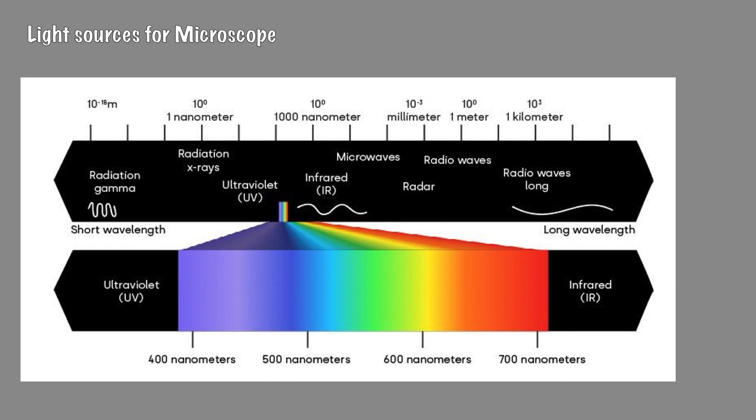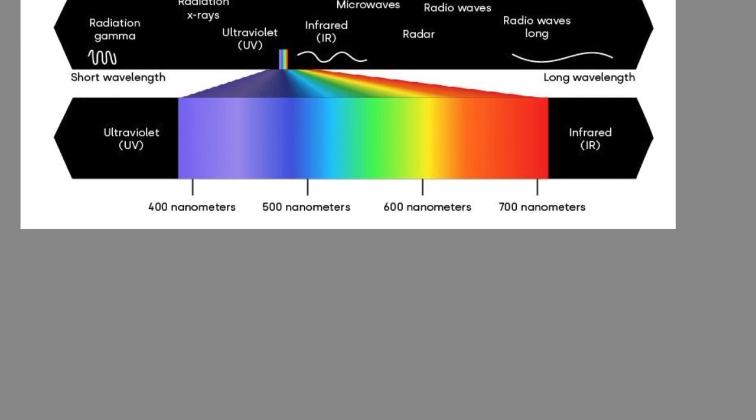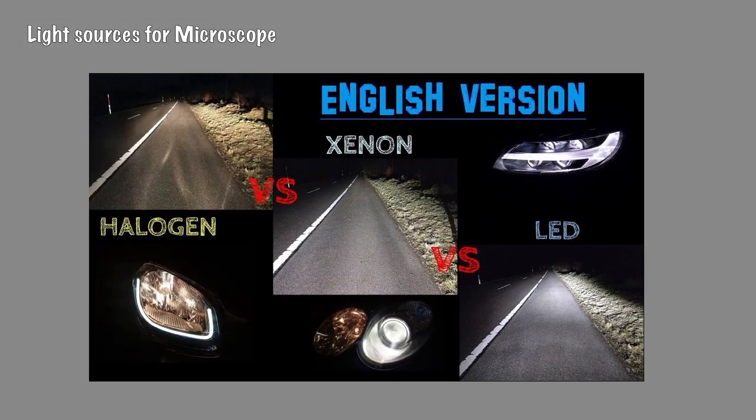The area which human beings are able to see is 400 nanometers to 700. This is general information for us to know, but the other important point is that when we purchase a microscope, we have three kinds of light source. We have a halogen one, another kind is xenon, and we have an LED type.